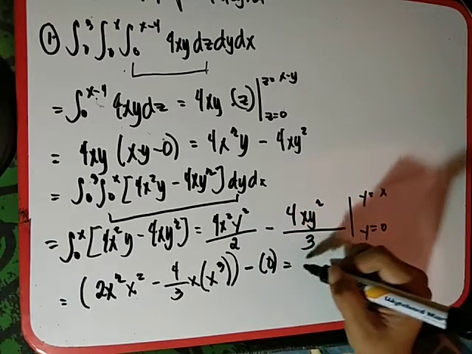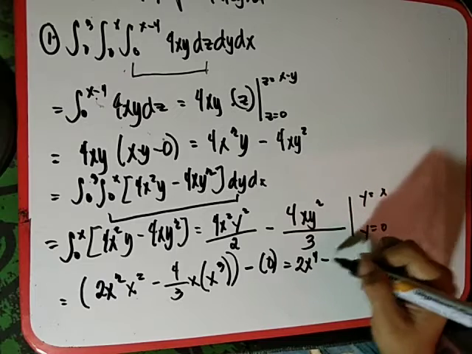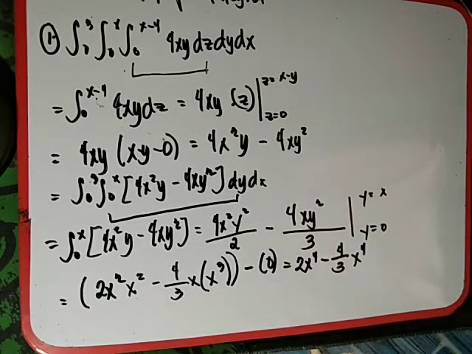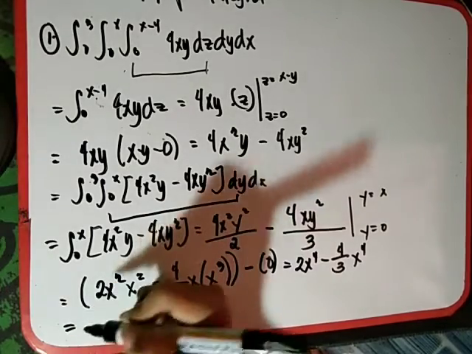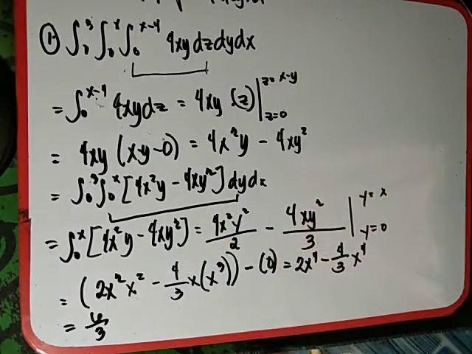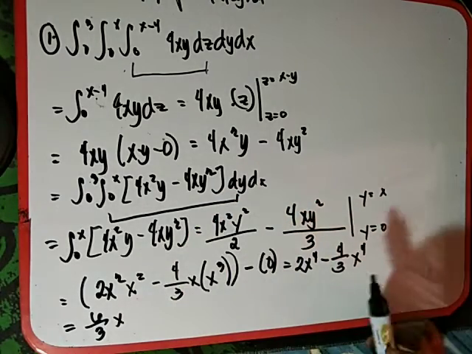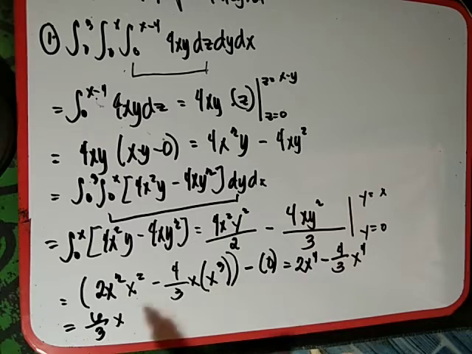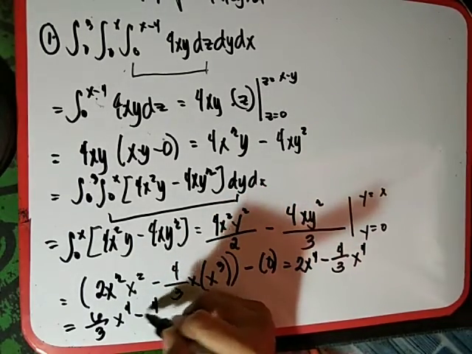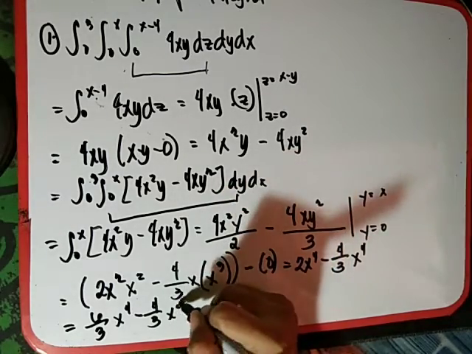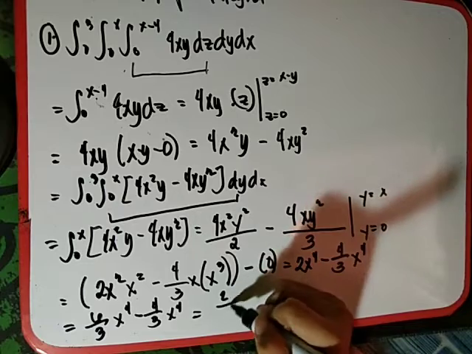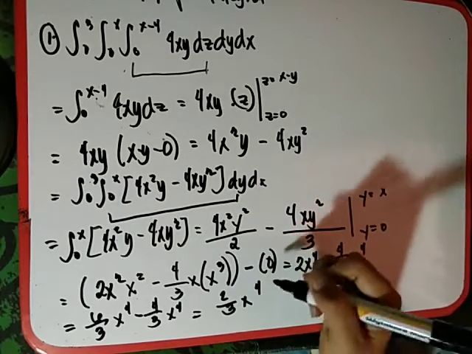So this is equal to 2x raised to 4 minus 4/3 x raised to 4. So that is equal to 6 over 3 x raised to 4 minus 4/3 x raised to 4, which is equal to 2/3 x raised to 4.